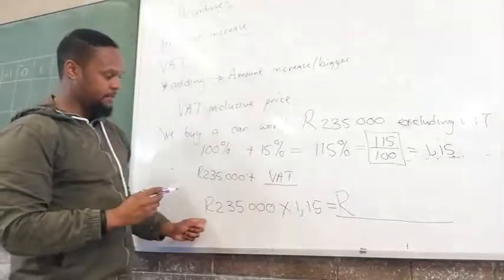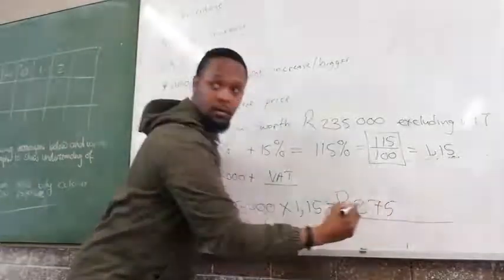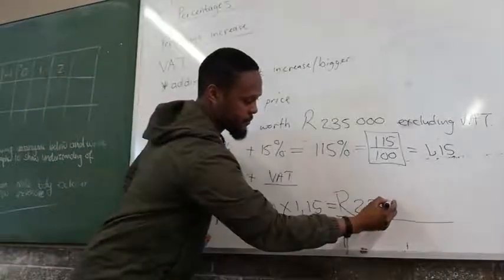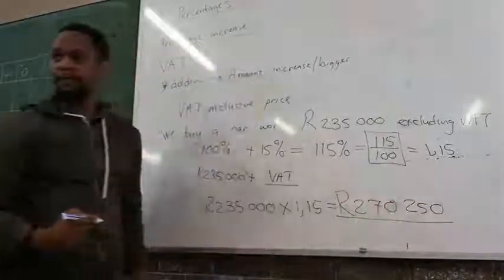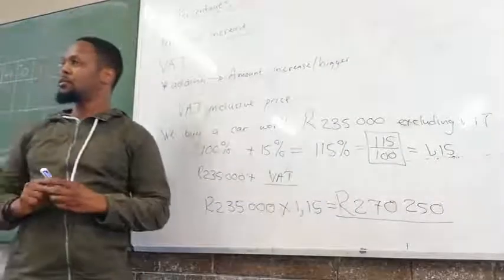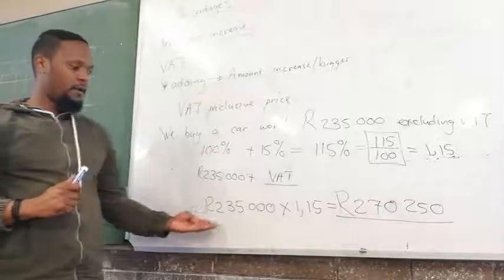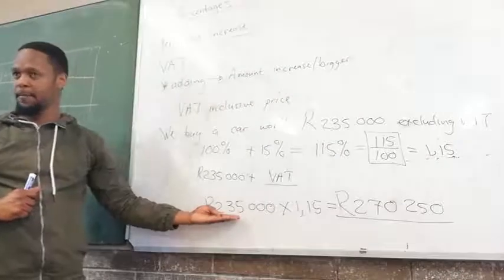Calculators, what did we get? 270,250 rands. Do we see that this amount is bigger than this amount?